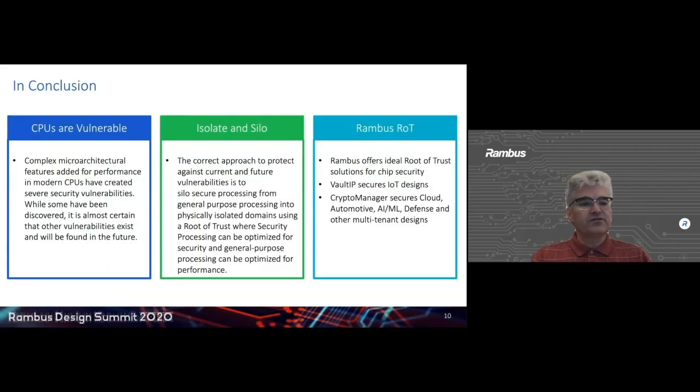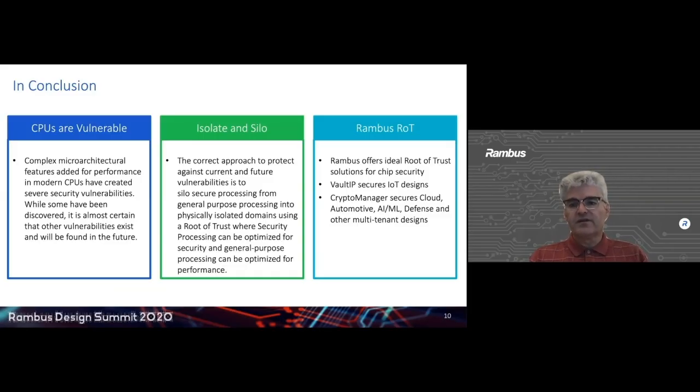Do build in a solid root of trust design. How do you do that? By isolating and siloing. The correct approach here is to protect against current known vulnerabilities, but also against future vulnerabilities, is to silo secure processing from general purpose processing so that you move them into a physically isolated domain as a root of trust.